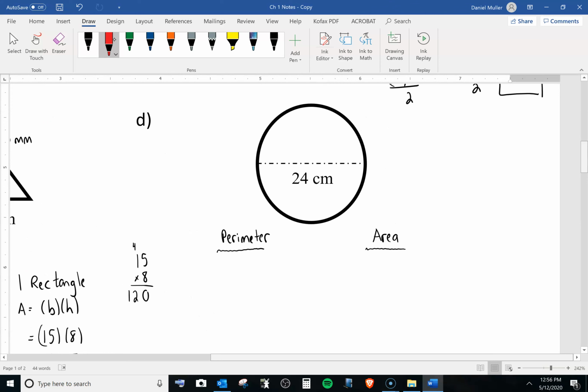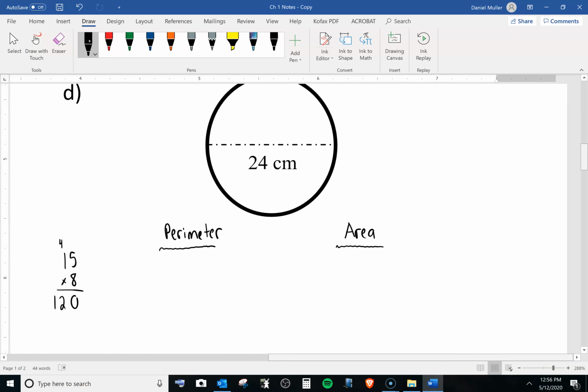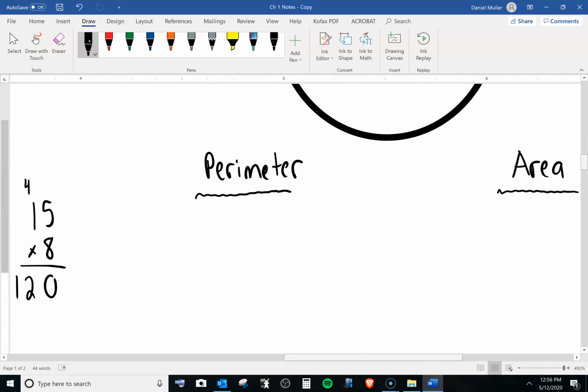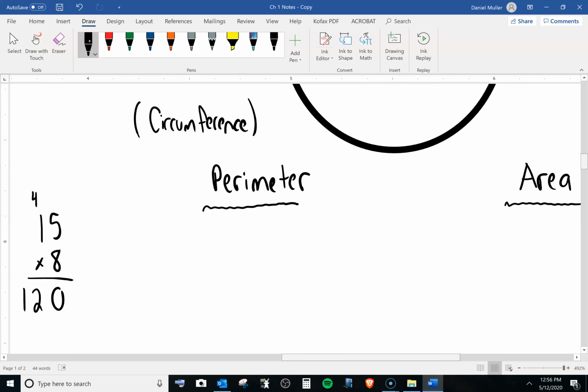Now, perimeter and area of a circle. These are two formulas that you're going to have to remember. Perimeter is also called circumference, so I can write that down in brackets here. The circumference of a circle is the perimeter of a circle.